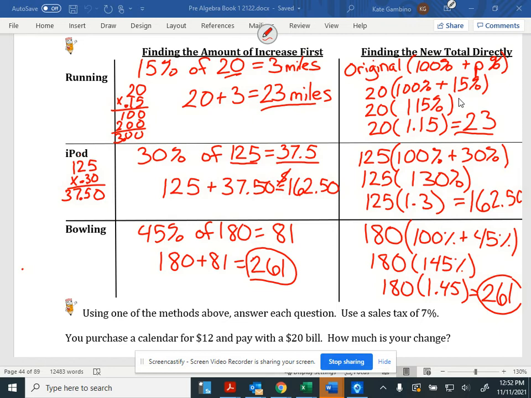You're stepping it up in the world, and you have to figure in sales tax now. So you have to figure in how much sales tax will be on that $12 calendar, add that to the $12, and then subtract it from what you're paying. It's multi-step problems. We're into the big adulting world of sales tax. It's not so fun.